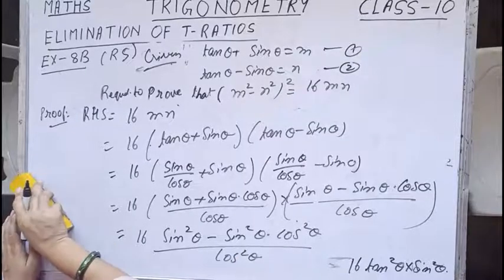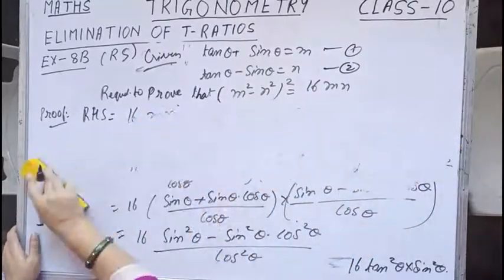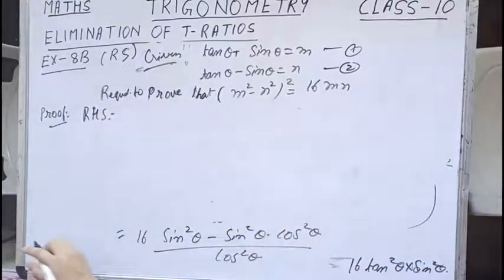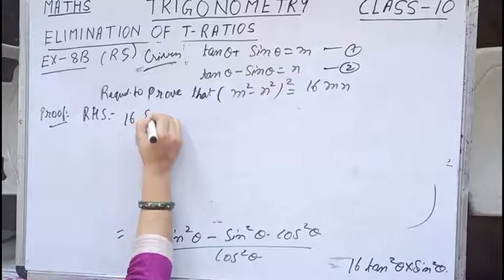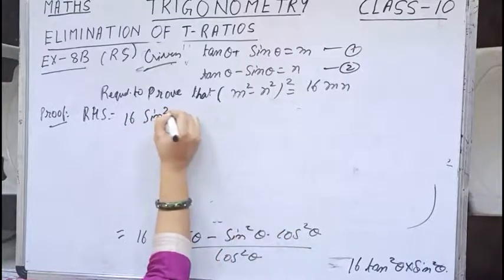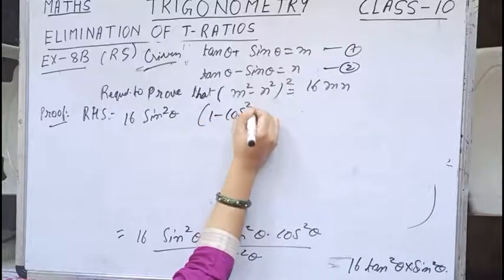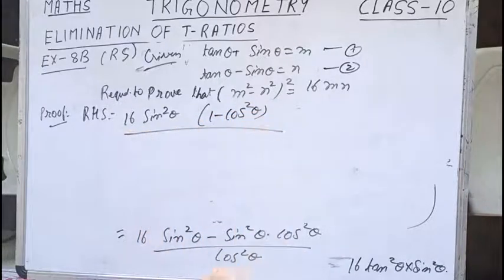Now this will be equal to 16, and sin square theta is common. What is left in the bracket is 1 minus cos square theta, divided by cos square theta.